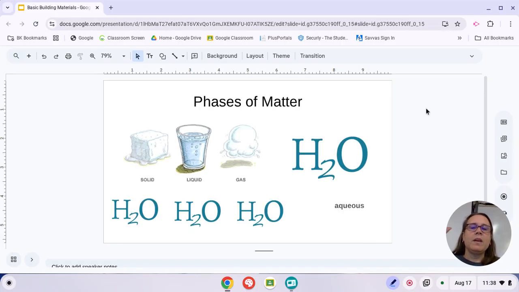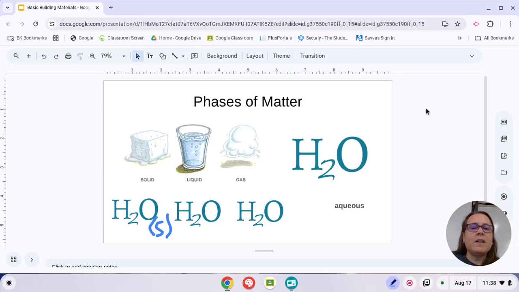Okay. And so when we have elements or chemicals that are in particular phases of matter, so solid, liquid, and gas, oftentimes we represent those a particular way. So let's look at this first one here. I have water on here a bunch of times, H2O. This first one is solid water or ice. And so if we were to represent that, we would put an S for solid in parentheses.